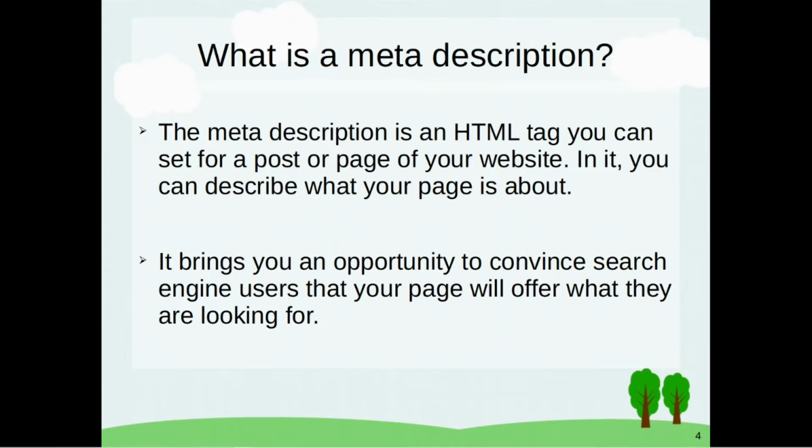So we can also say that the meta description helps search engine users who are searching for products to enhance their search, and it also helps in many conditions, such as if you have multiple businesses.